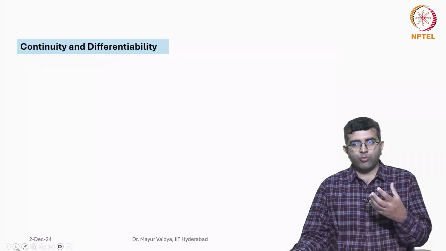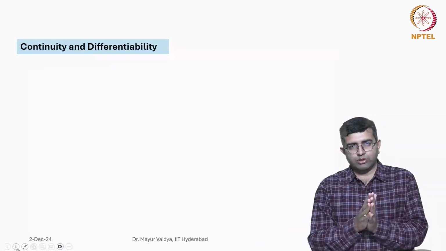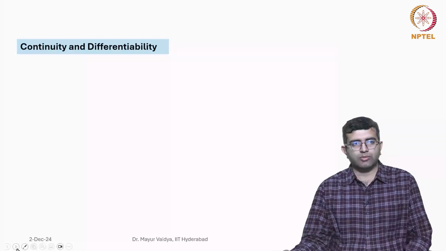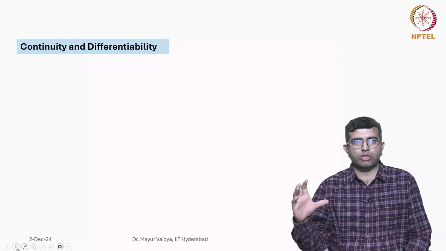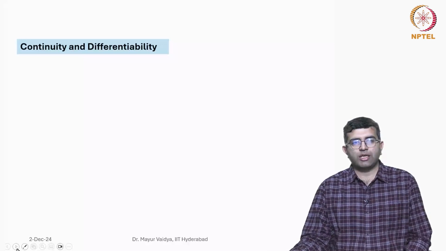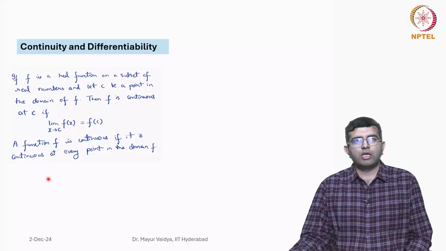Many of you, most of you, must have done this, but I think it is still worth going through it so that you can brush up your concepts. So the first is about continuity and differentiability.